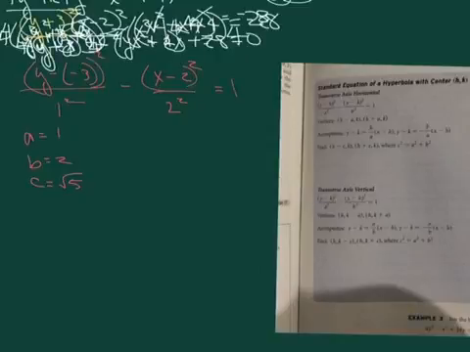So the center is H, K. Well, what is my H? My H is -3, and my K is 2. So my center is -3, 2, you would think, right? But what is this?